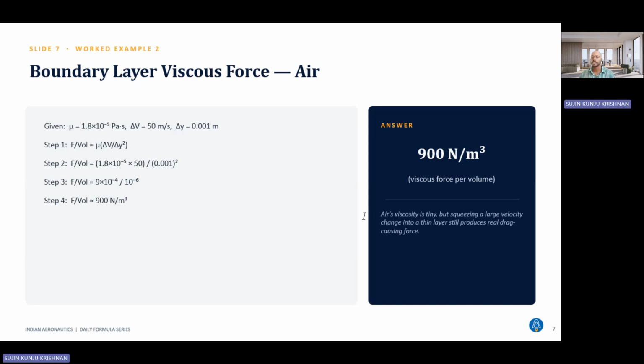Step 1, approximate the viscous term. Mu grad squared v is roughly mu times delta v divided by delta y squared. Step 2, knowns: mu is 1.8 times 10 to the minus 5, delta v is 50 meters per second, delta y is 0.001 meters.